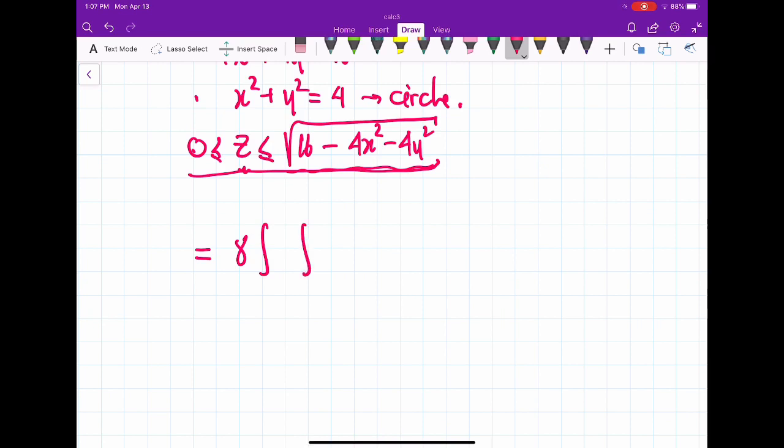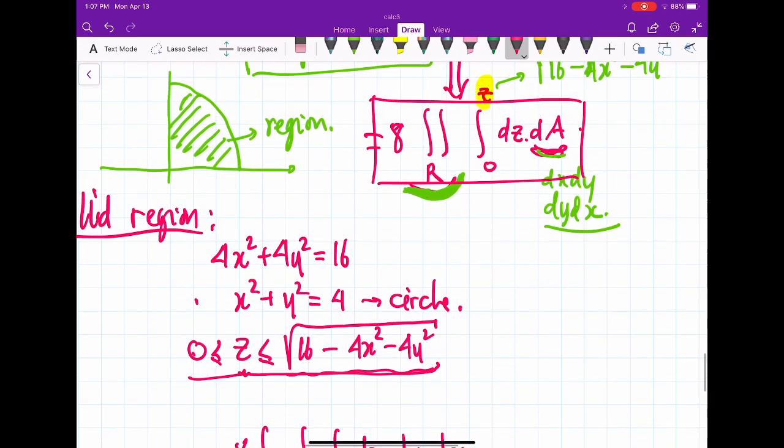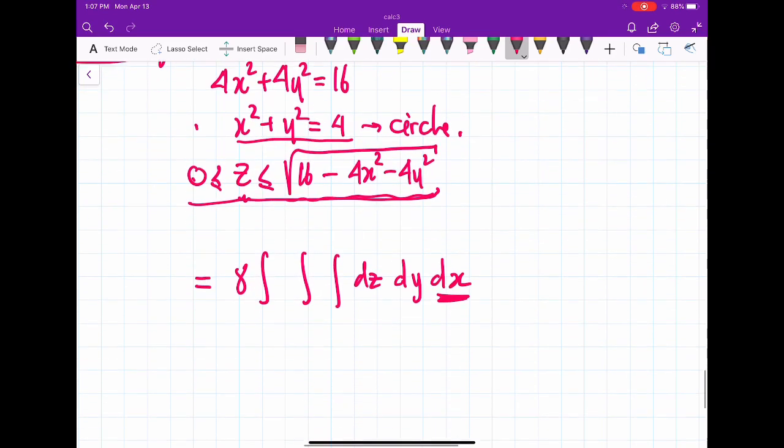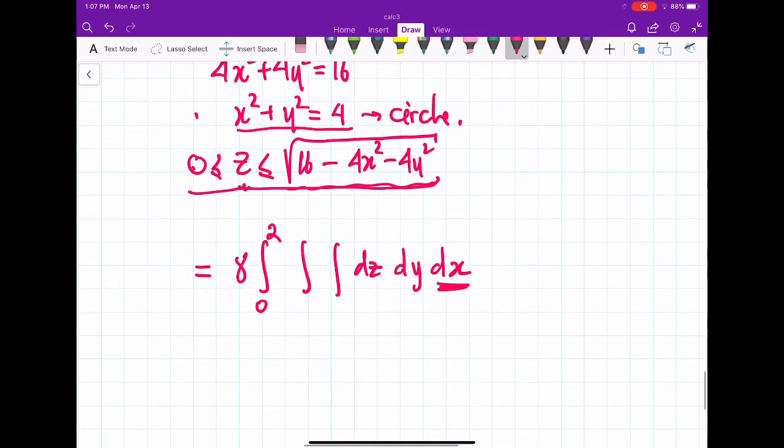I want to integrate with respect to z, and then maybe I want to write in the order dy dx. So I have 3 integrals in here. dx is the outside. We know x goes from where to where? From 0 to 2, because our circle has radius equal to 2, right? So I have from 0 to 2.